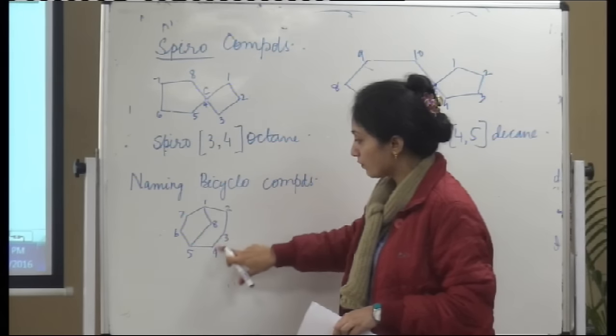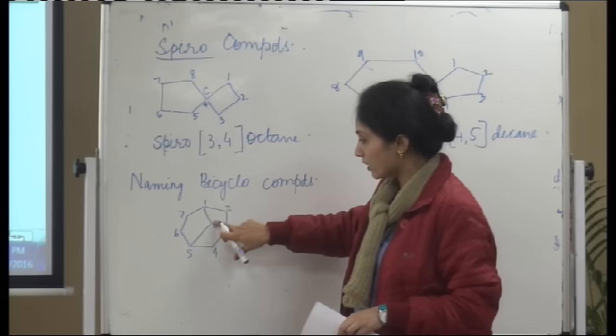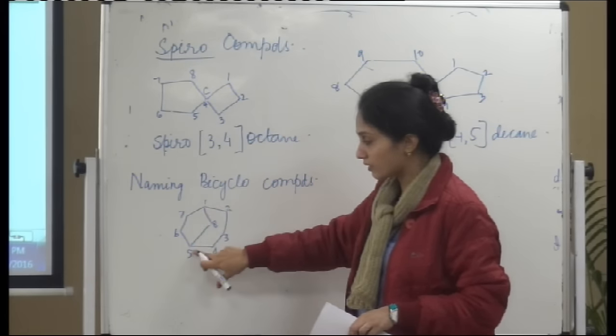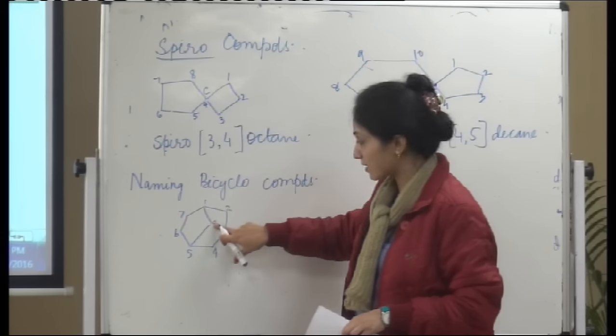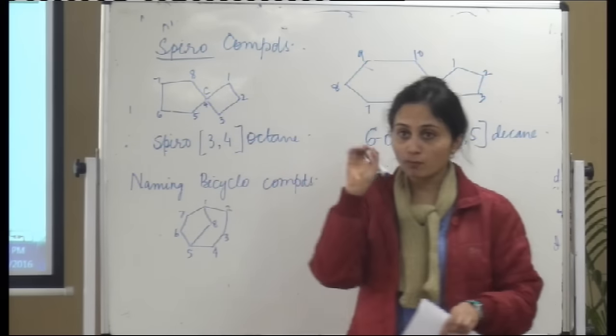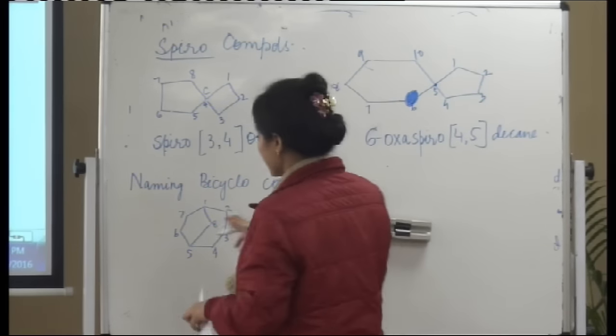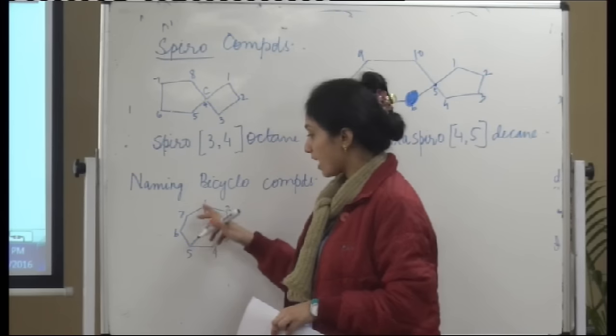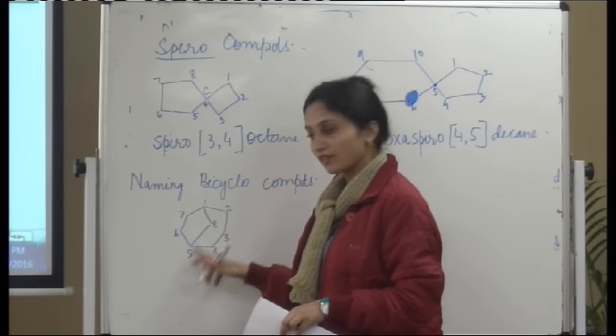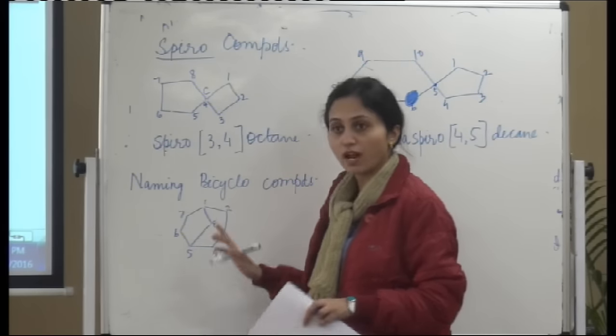You have 1, 2, 3, 4, 5 and then you have a common link between carbon 1 and carbon 5, and there's another carbon atom in between. So some kind of a bridged atom is there. Whenever you have a bridged atom, you can see two cycles running. One cycle includes this 1, 8 and 5, another cycle also includes this 1, 8 and 5. How to start the numbering?